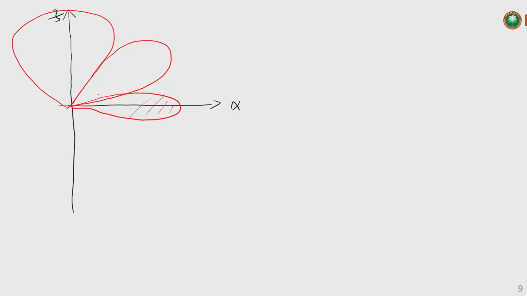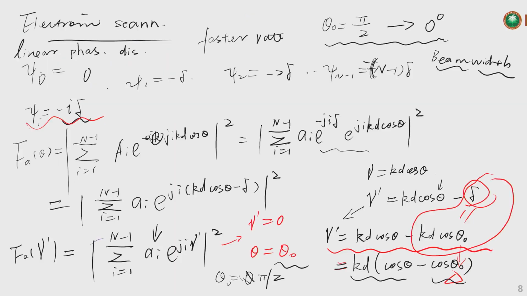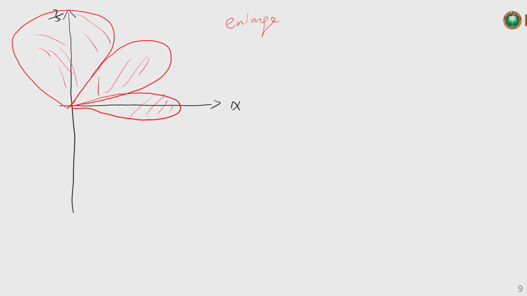So when it is switched to other directions, its beam width is going to be enlarged. If you try to plot this equation, you're going to find that you change our beam here to here to here. This is theta node equals 0.